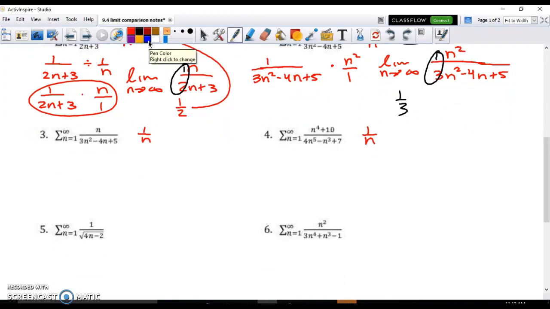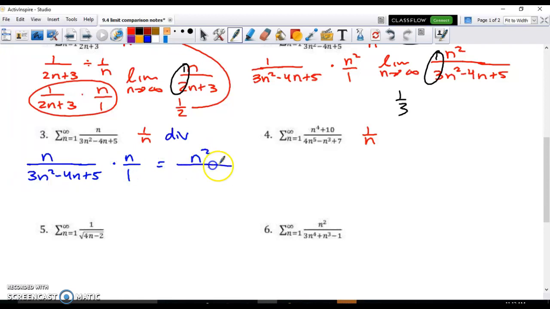I already have what I'm comparing it to. I already know that this diverges. We talked about that before with p-series. I'm going to take this function and divide it by 1 over n, which means I flip and multiply. This is nice because it gives me n squared over all of this.